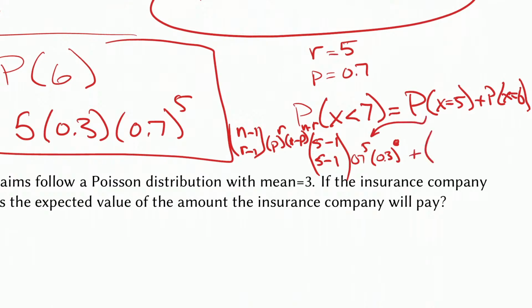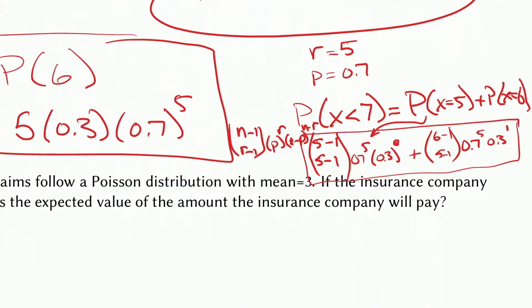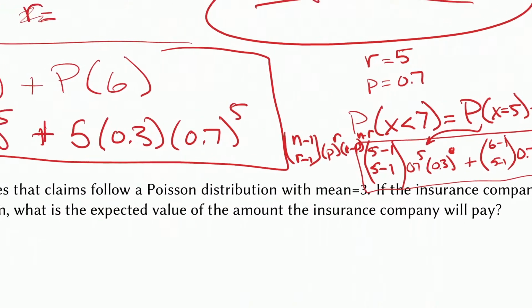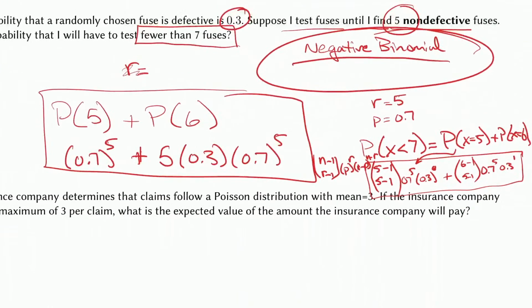And then we add to this 6 minus 1, choose 5 minus 1, times 0.7 to the fifth times 0.3 to the first. So that is the formula, if you use the formula. And if you work out the numbers, you'll find that 5 minus 1, choose 5 minus 1, that's 4 choose 4, is just 1.